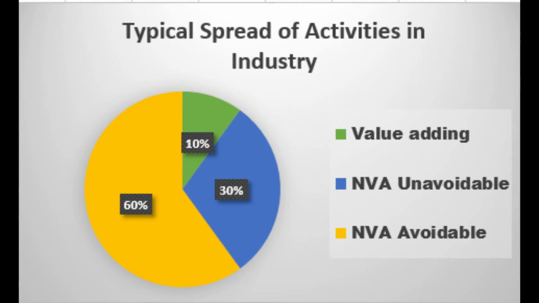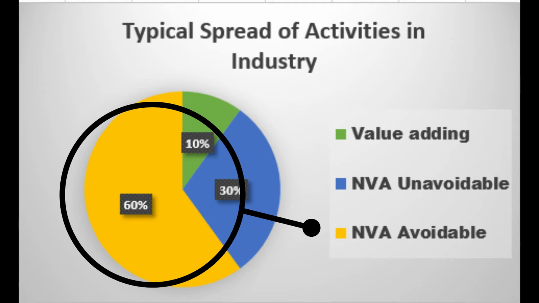If you see, the major chunk of the activities is non-value added avoidable activities. This might be a bit surprising to you, but yes, this is a fact that we don't realize in our day-to-day processes, that more than 50% of the activities in any process are NVA activities that are avoidable.